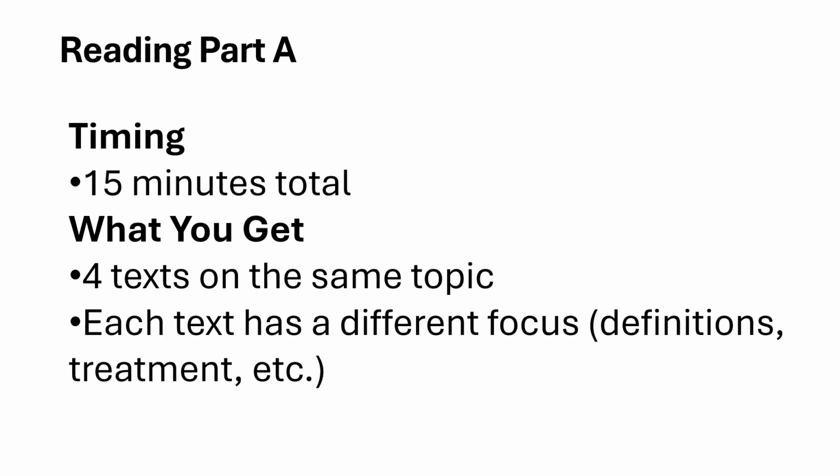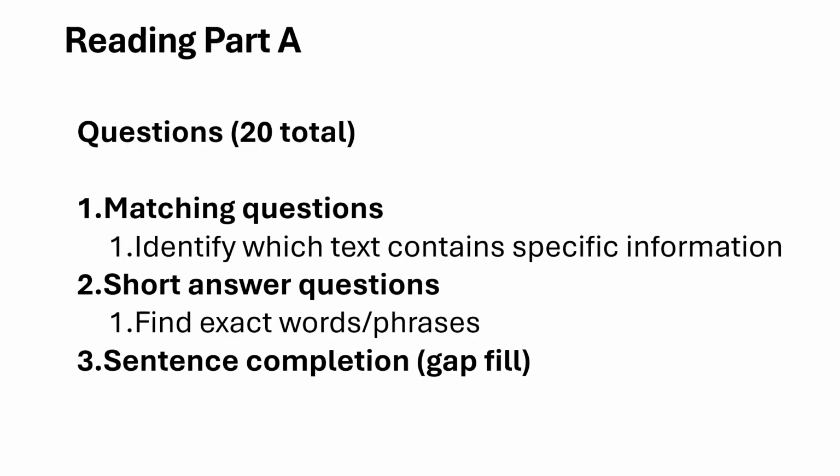Reading part A. This section is very fast. You'll get 15 minutes in this part and you will get 4 texts on the same topic. Each text has different focus, such as definitions, treatments, etc. Reading part A has 20 questions in total, and the type of questions are matching questions in which you will have to identify which text contains specific information.